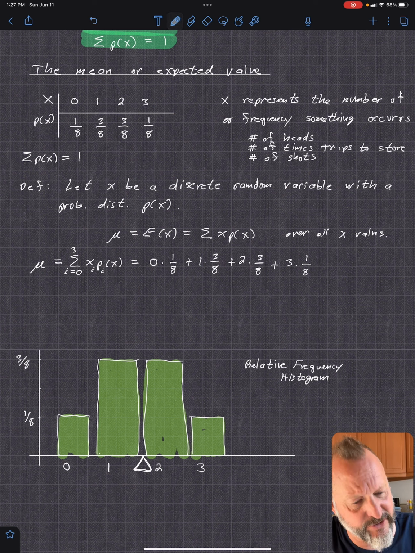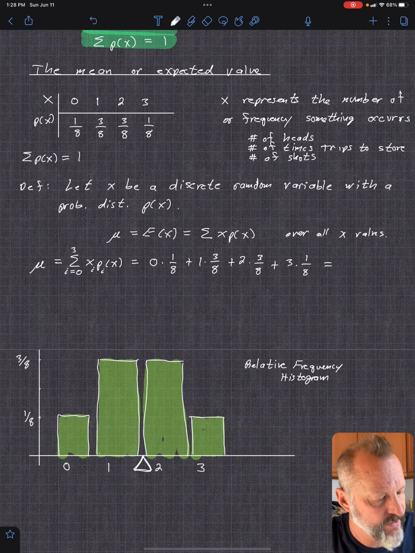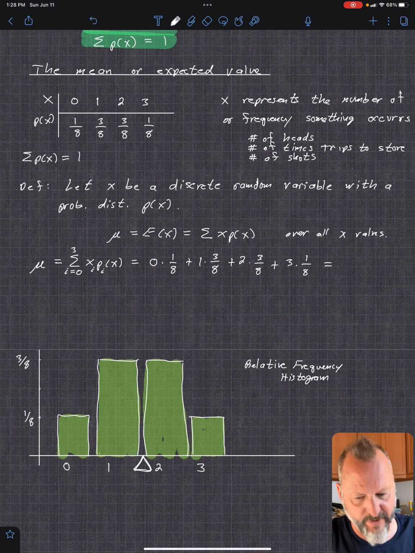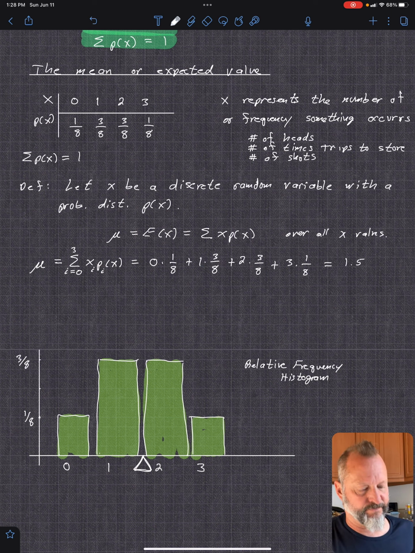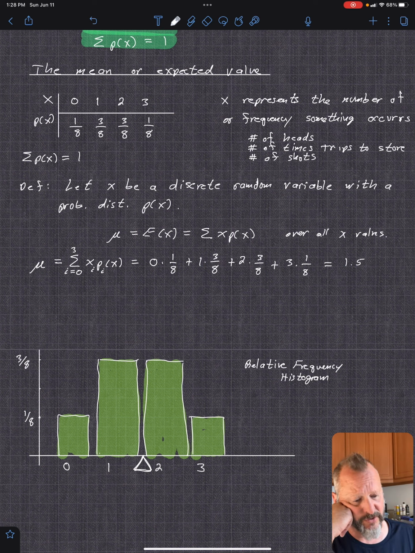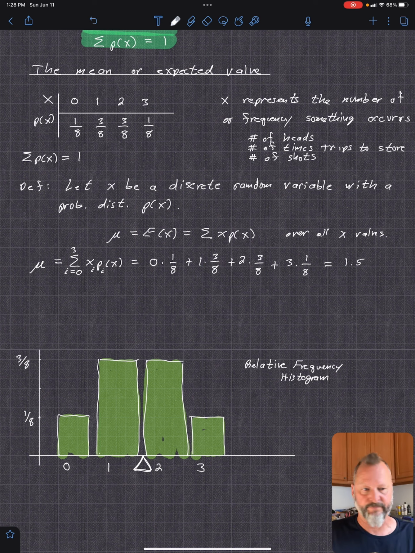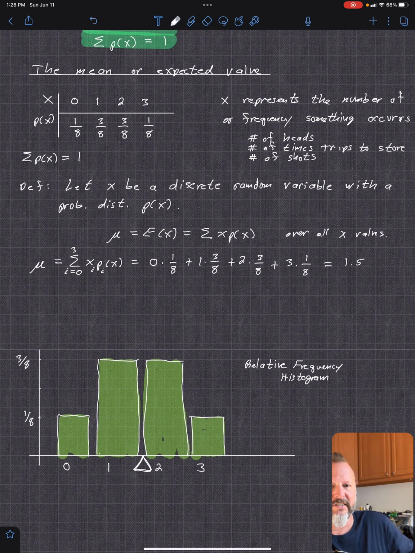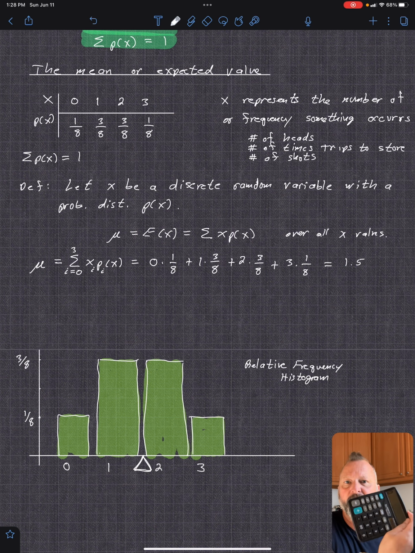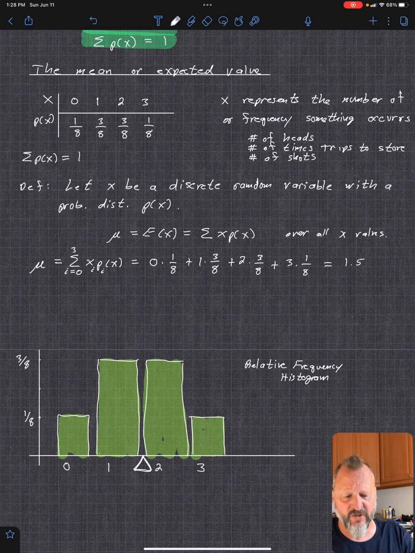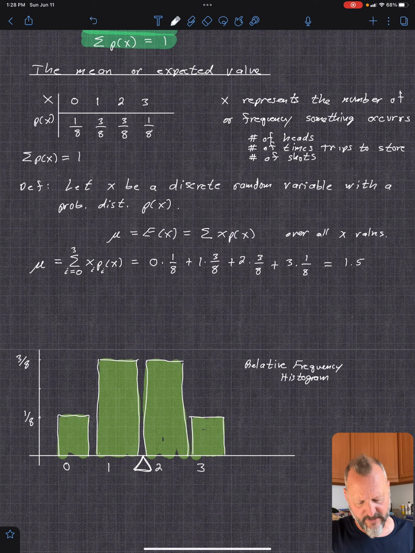So you do that calculation. Go ahead and try it on your own, and you will see you get 1.5. I'll do it on a calculator as well. I recommend a scientific calculator for this type of stuff, not just a 4-function one. Those don't do order of operations at all, it messes it up.